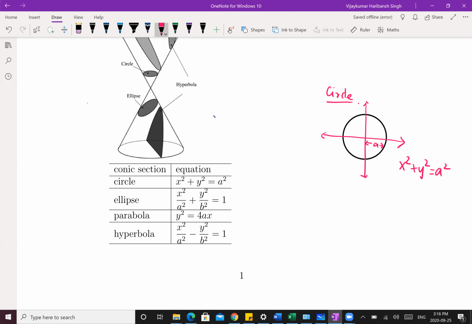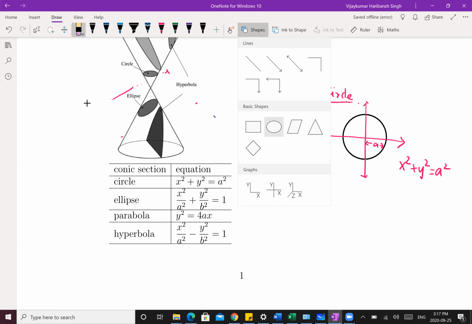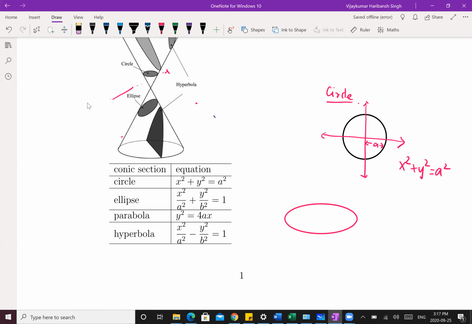Then we get what is called an ellipse. As we already discussed, if we cut in a plane just slightly slanted, the equation of an ellipse is given by x squared by a squared plus y squared by b squared equals 1, and the ellipse looks like this.